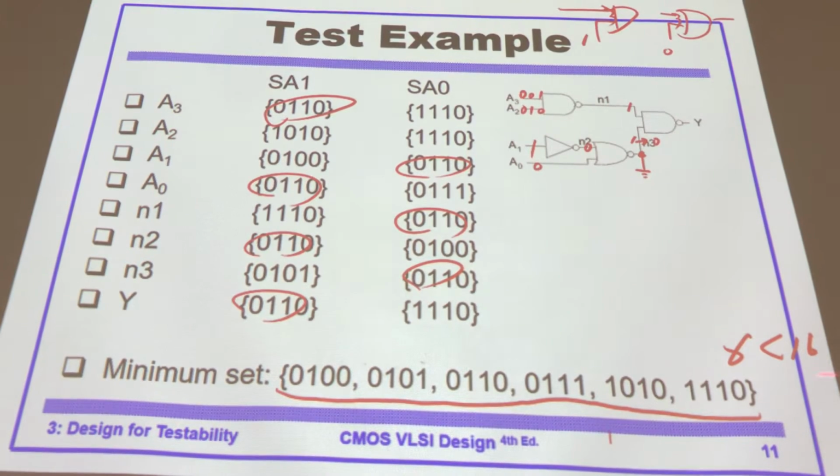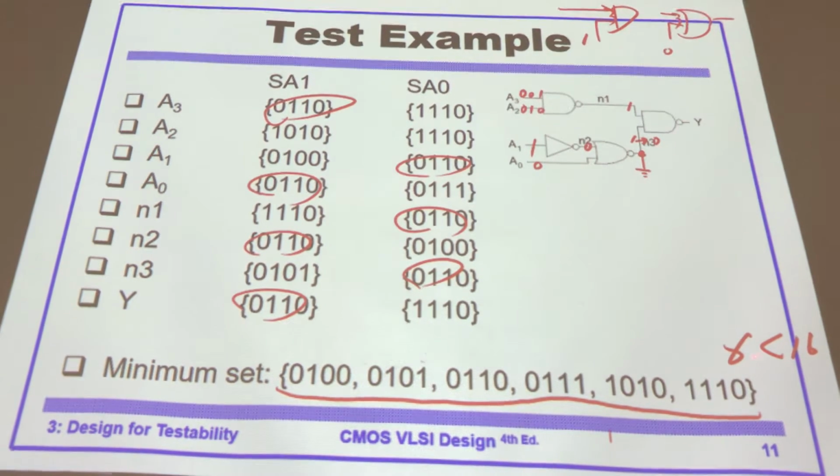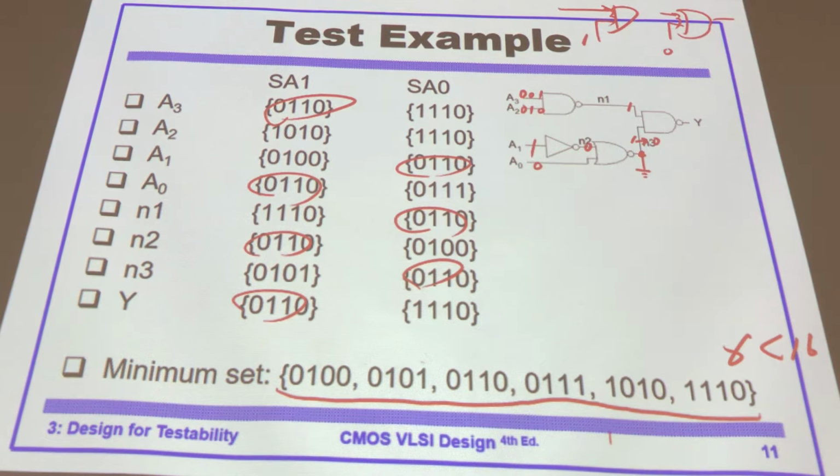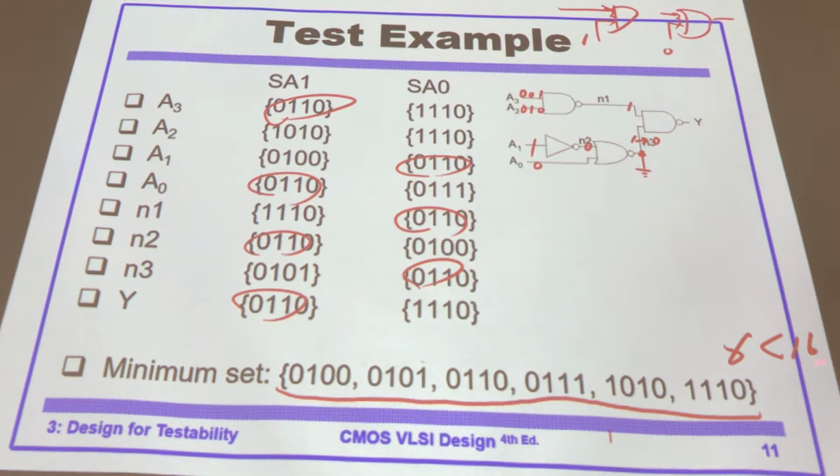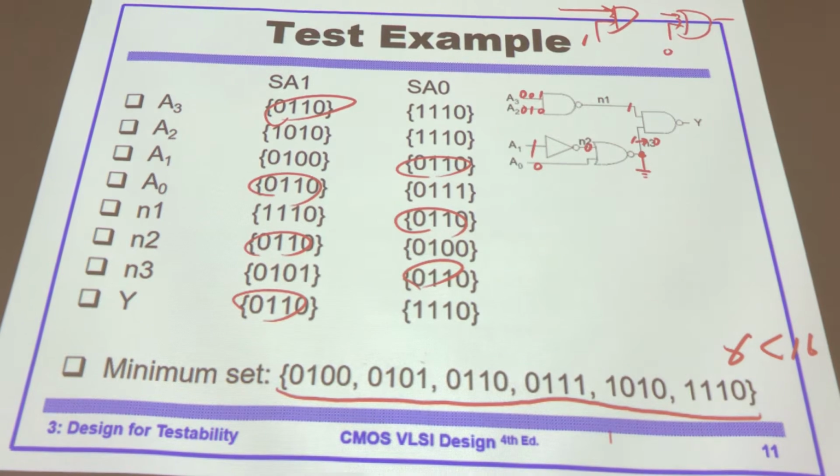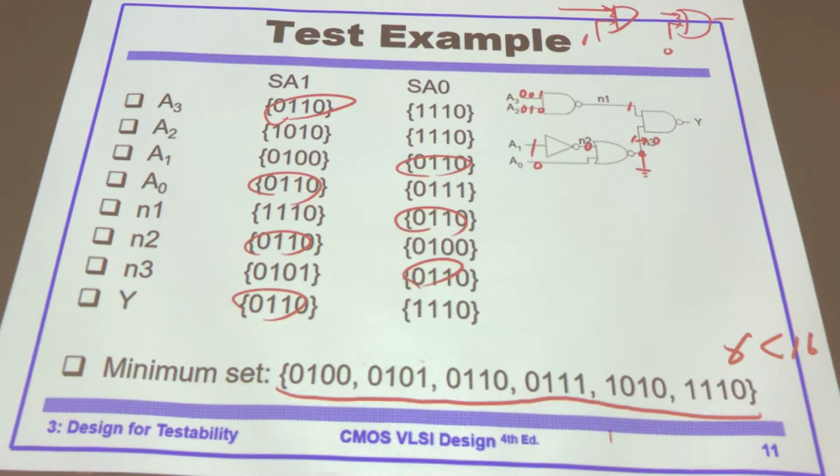Maybe you don't think it's too much different, but if the input number is more than that, like 20, 30 signals, then the difference is going to be huge. Okay, a large gap between the two numbers. Okay. Any question?